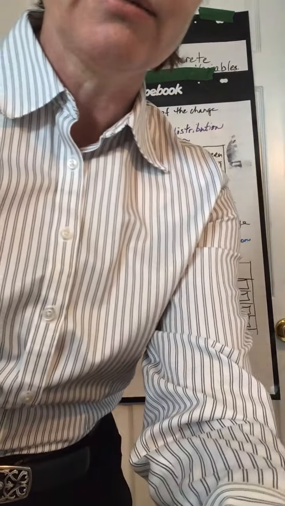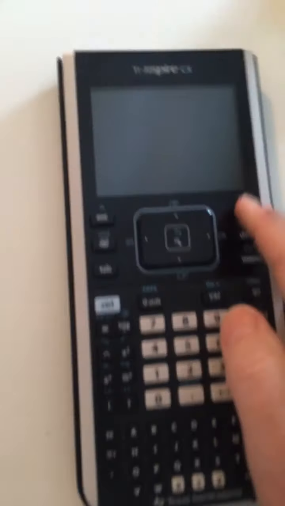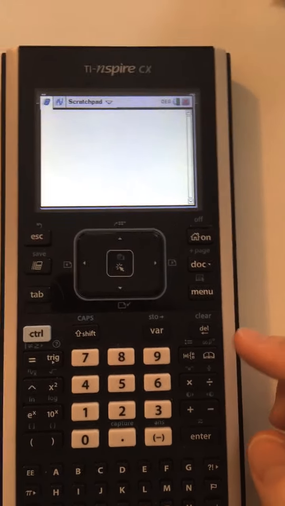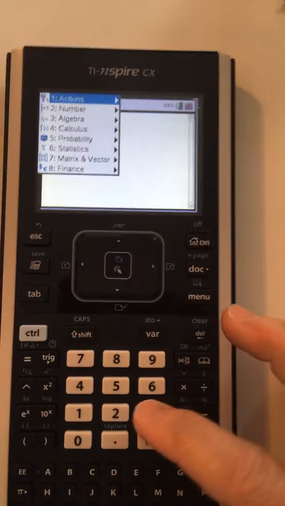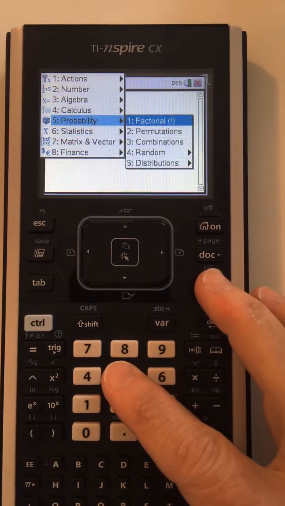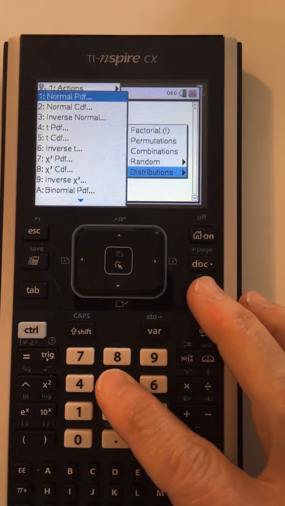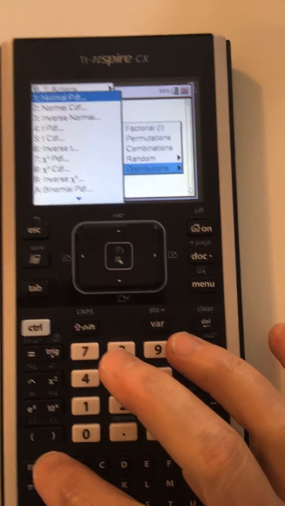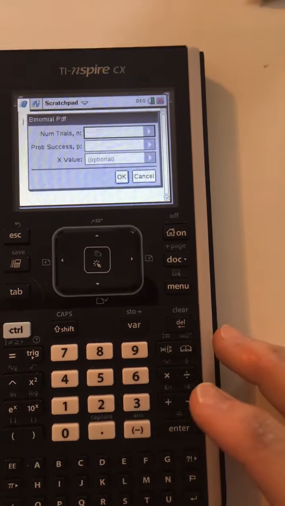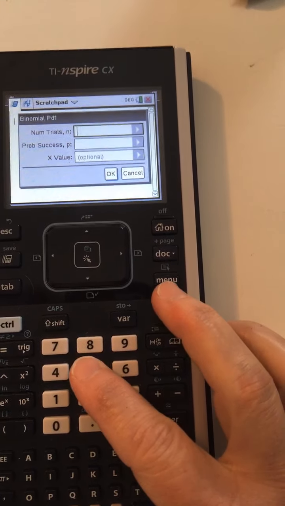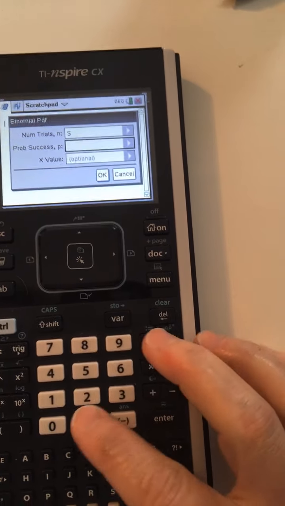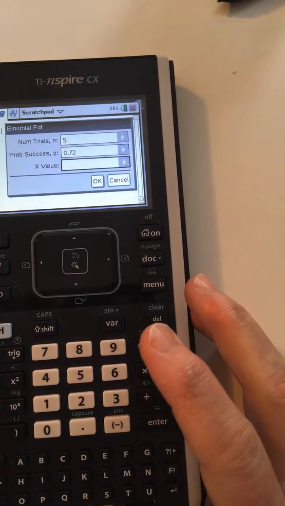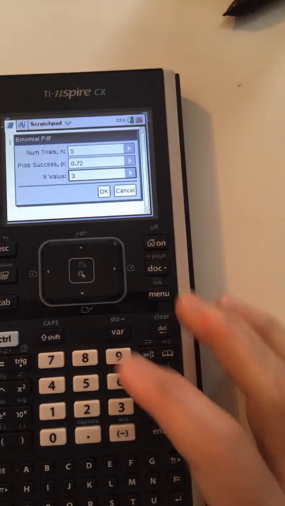Okay, I'm going to flip this around and actually do this with my calculator. So here we go. We're going to say menu, number 5 for probability, number 5 for distributions, A for binomial PDF. We had 5 trials. We had 0.72 probability, and the X we're looking for is 3.